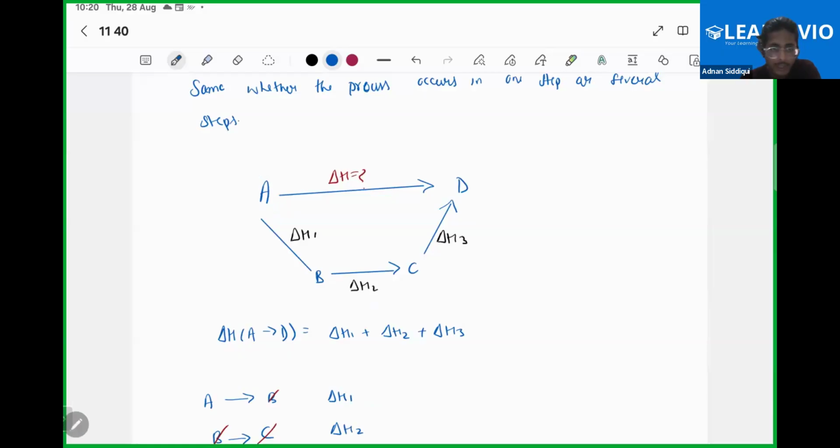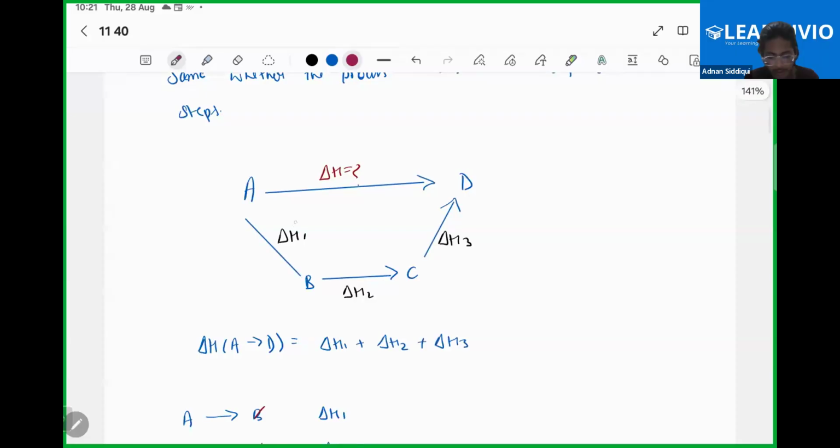So the change in enthalpy, you can say delta H, right? If I am going from A directly to D, then the change in enthalpy of this is going to be delta H. If I am going from A to B, then B to C, then C to D, then for A to B, the change in enthalpy is going to be delta H1. For this 2, for the third one, delta H3.